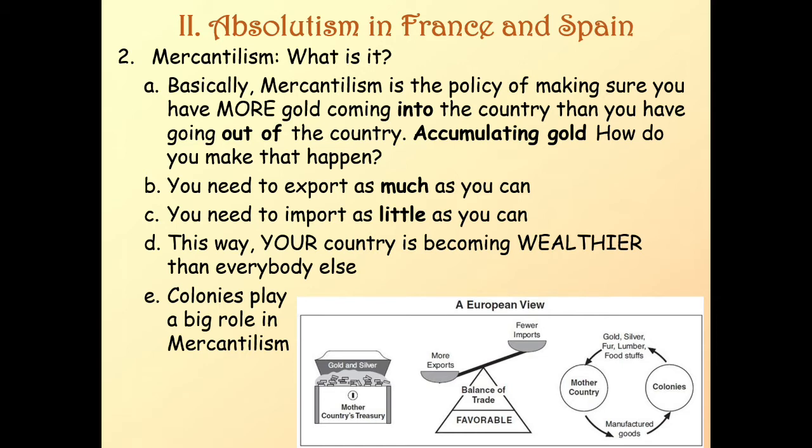Right? Because when you import, cash leaves your country. So this way, your country is becoming wealthier than everybody else. And colonies, as we shall see, play a big role in mercantilism.